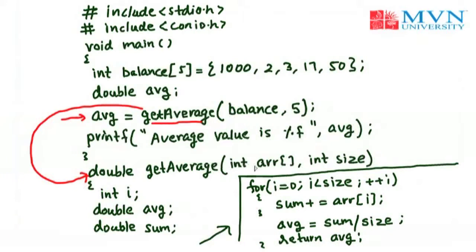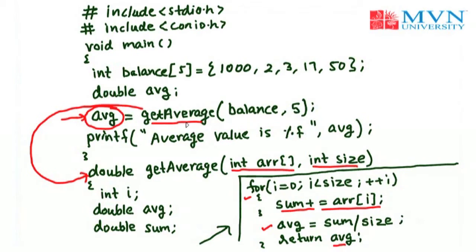The parameters passed in this function are first the array and second its size. So in this function, first using the for loop, the sum will be calculated by this formula, and after that the average will be calculated, that is equal to sum divided by the size, and the average value will be returned back, and that is stored in the variable avg.